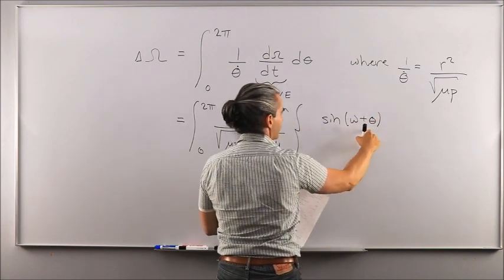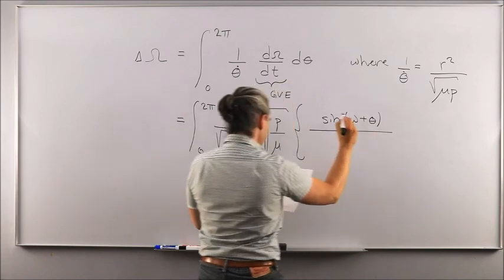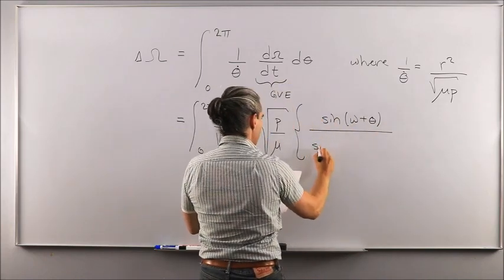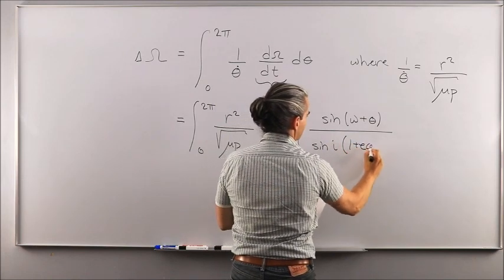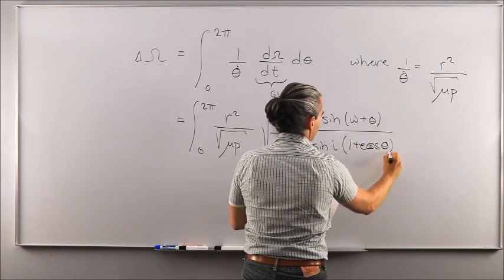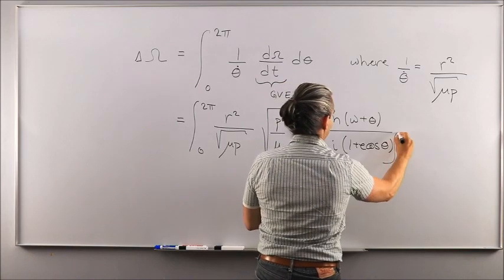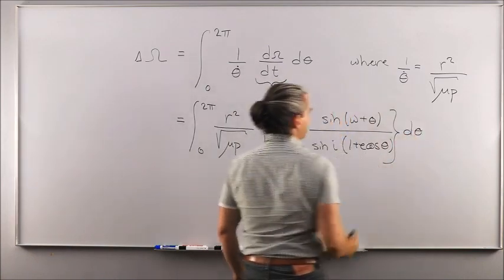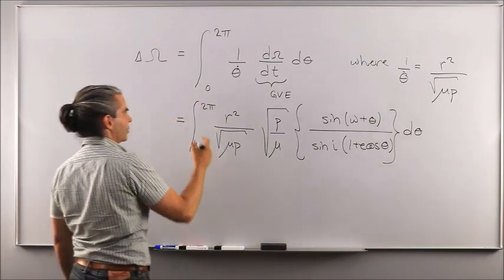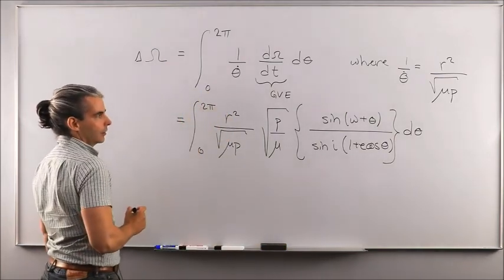That's our argument of latitude, over sine inclination times 1 plus e cos true anomaly. Close the bracket and just report your d theta at the end, because this is the variable over which we're going to do the integral.